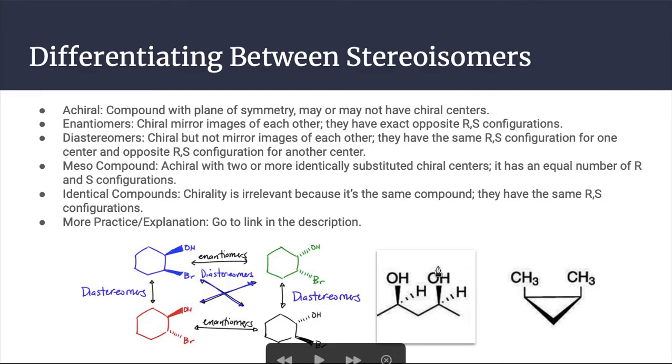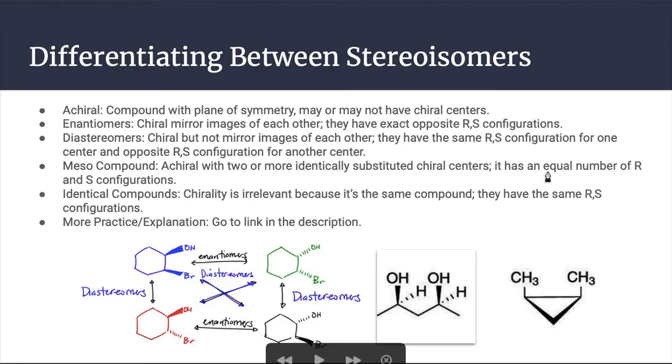So, long chain with alcohol, long chain with alcohol. They're identically substituted, they're achiral, and I checked the R and S thing: they do have the exact same number of R and S configurations. So this one's a meso compound.